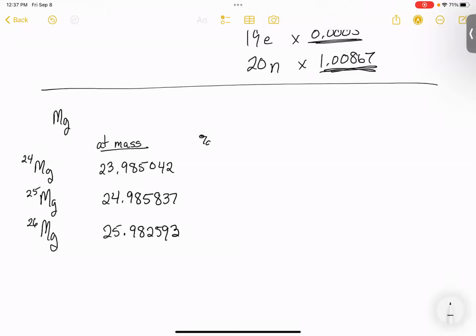The percent abundances are 78.99, 10.00, and 11.01.